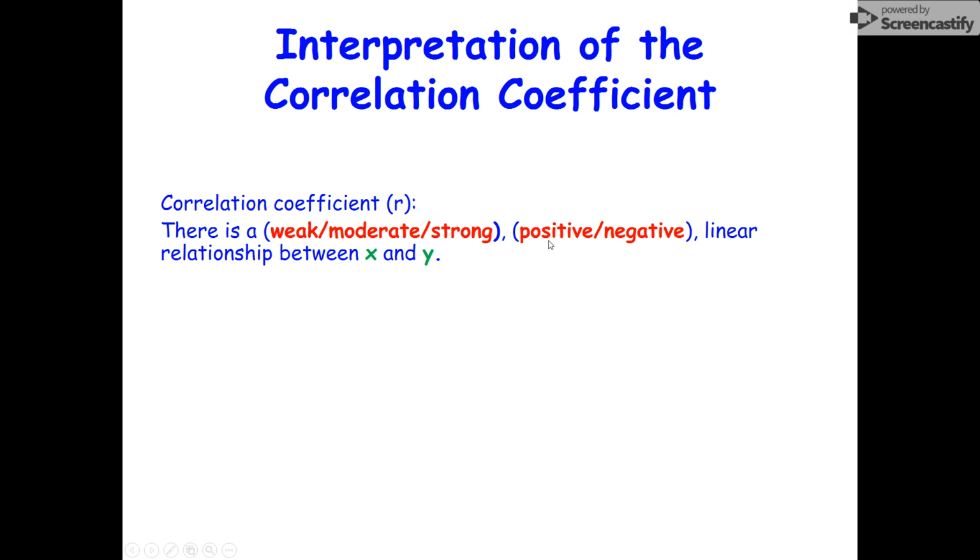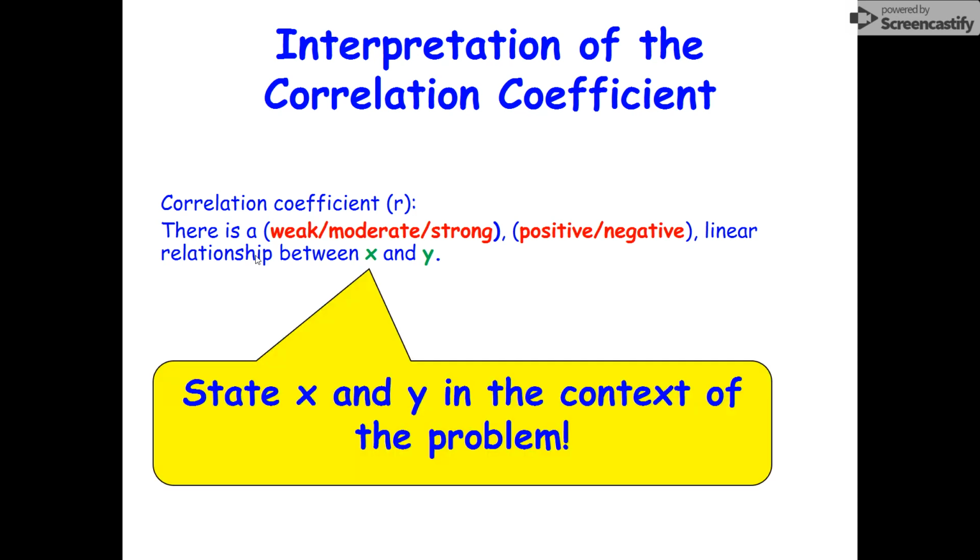Positive means the sign was literally positive, negative means the sign was negative, and then you need to say the word linear relationship. You have to tell us that it's linear, and then make sure that you tell us X, Y in context. So for the example above on page 2, instead of saying between X and Y, you would say between expenditures and graduation rates. That's what we mean by context. You can't just always say X and Y unless it literally is just X and Y.